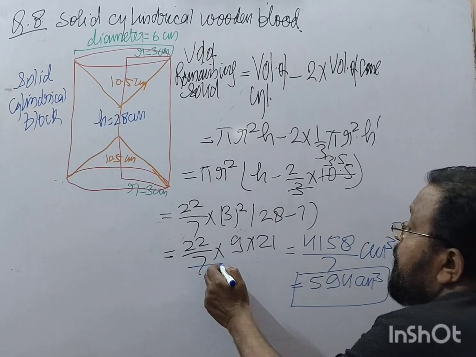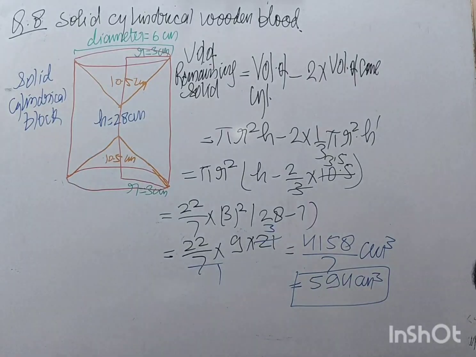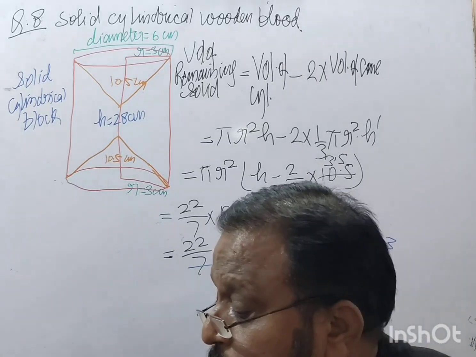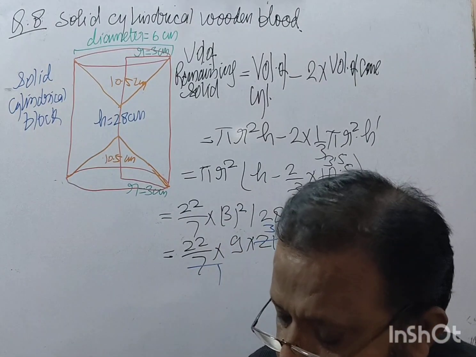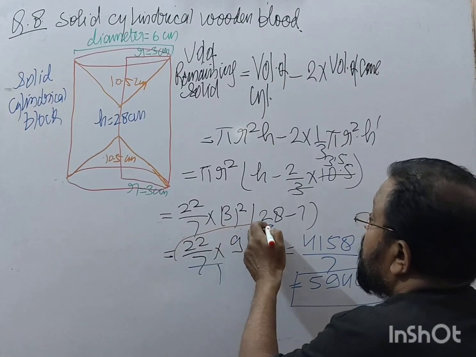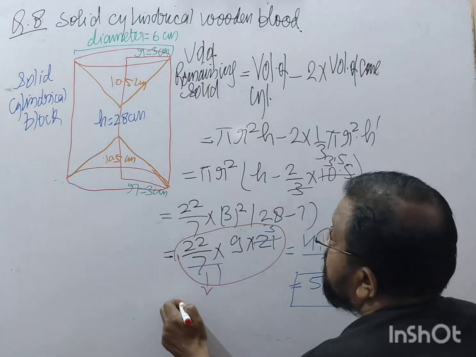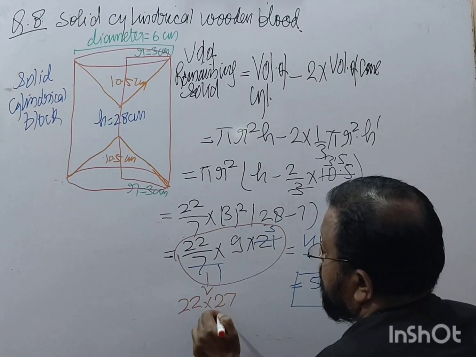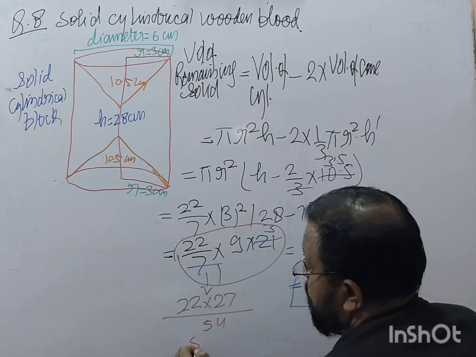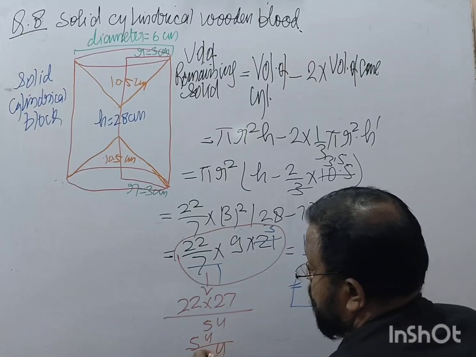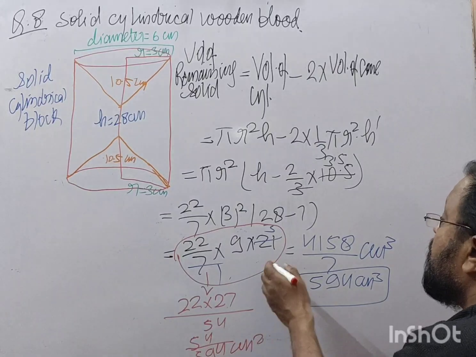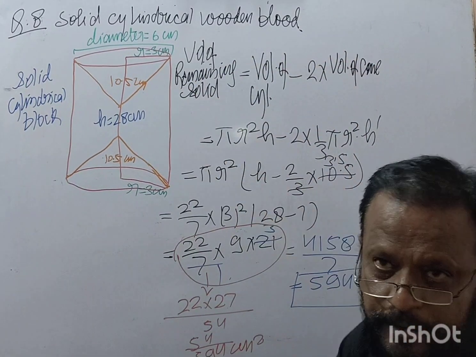7 times 3 times 7 becomes 21, and you get 27. 27 into 28. So you can get it like this also: 22 into 27, so we can write 54, 54, 495. 594 centimeter square.